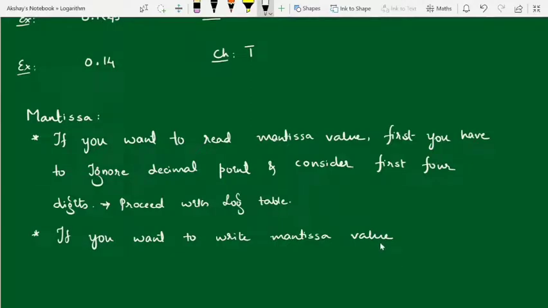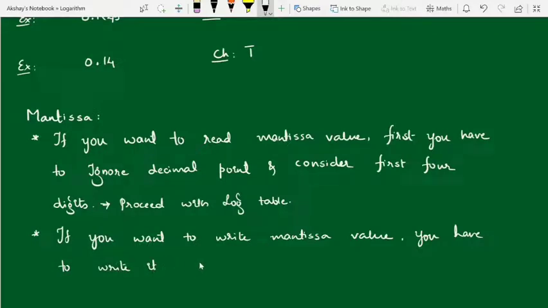That means when we write the characteristic for a given number, after this characteristic we have to introduce a decimal point. After this decimal point we have to write the Mantissa value.